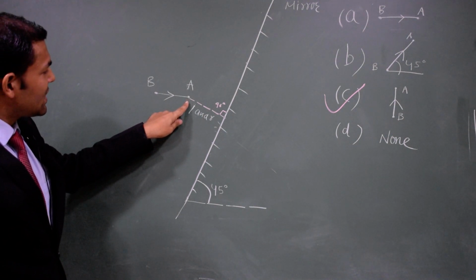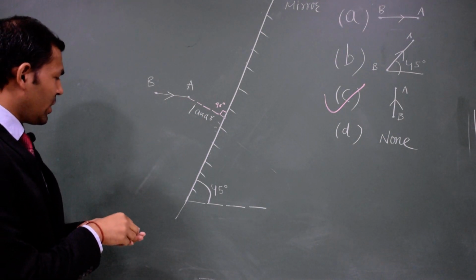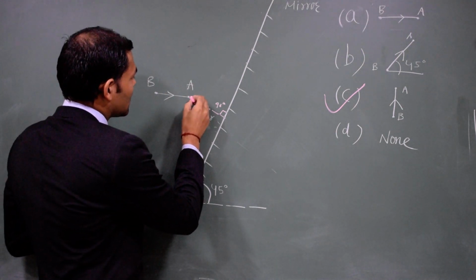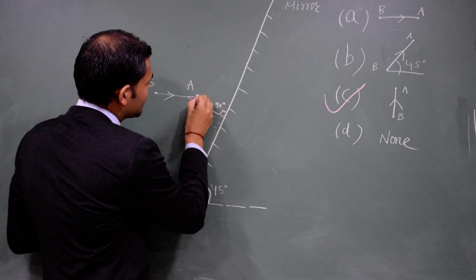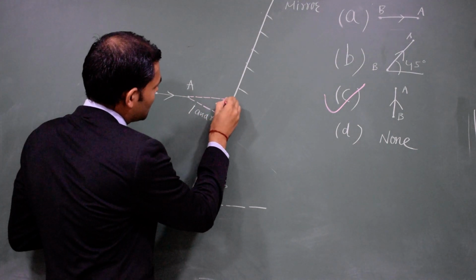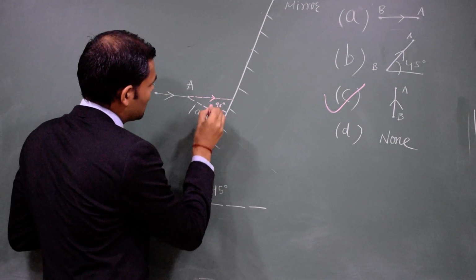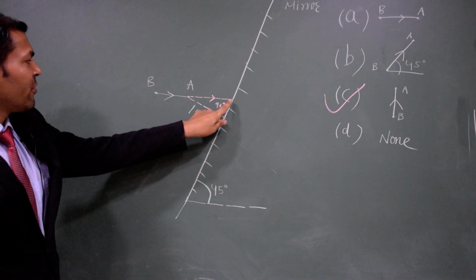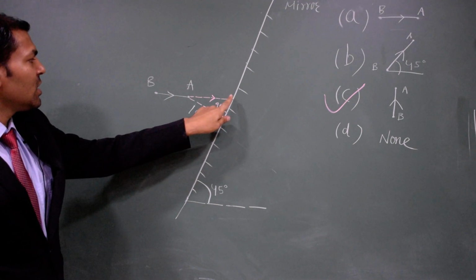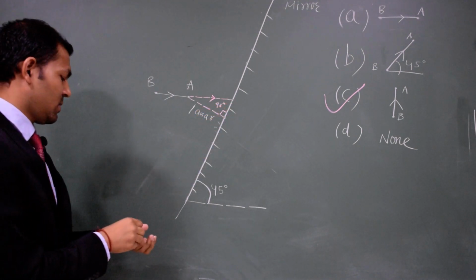For the second incident ray, we are going to draw a horizontal incident ray on this plane mirror like this. Now we have to find the reflected ray, so we need to draw the normal at this point.